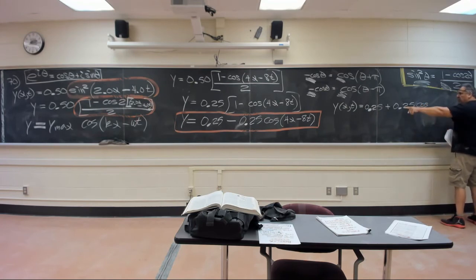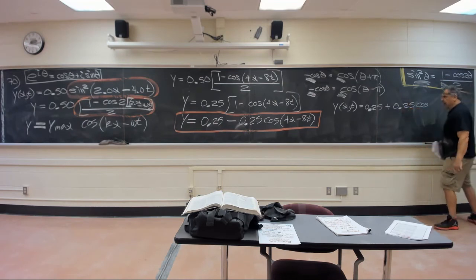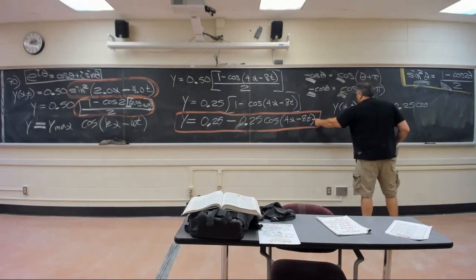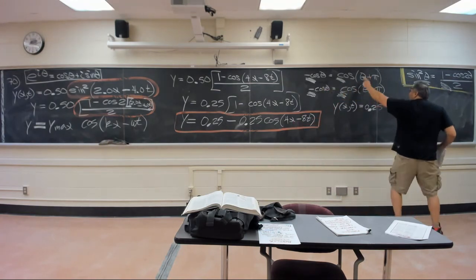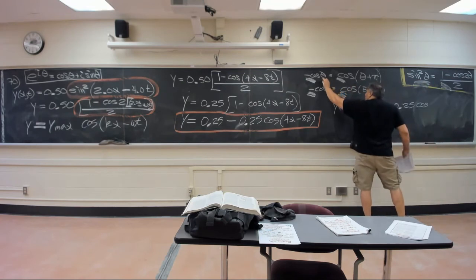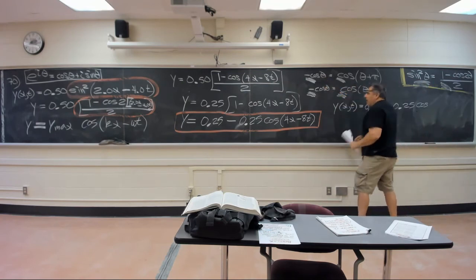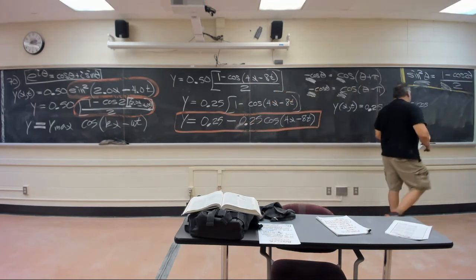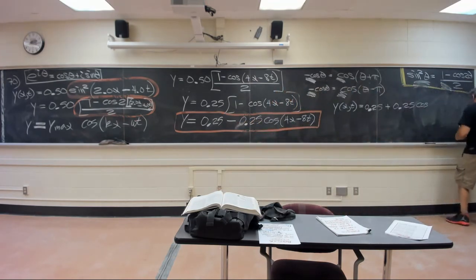Wait a minute, I thought you were saying it was minus 0.25 cosine 4x minus 8t. Yeah, but if you put in the argument a plus pi, it'll be a negative cosine theta. What's minus a negative cosine theta? It's plus cosine theta. Minus a negative cosine theta is plus cosine theta.